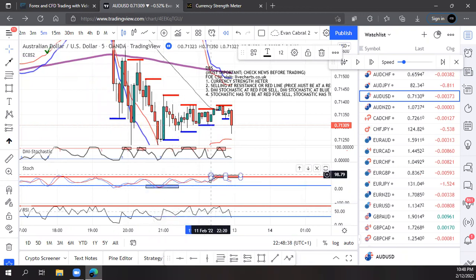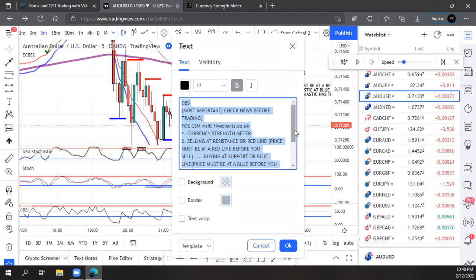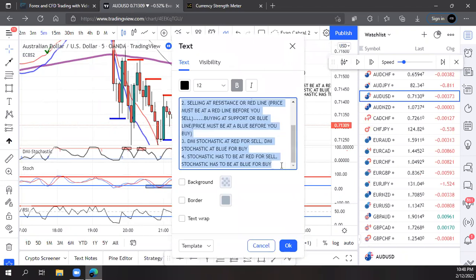So it has to be at what? It has to be at the red area for sell. It has to be at the blue area for buy. So now let me add this point.